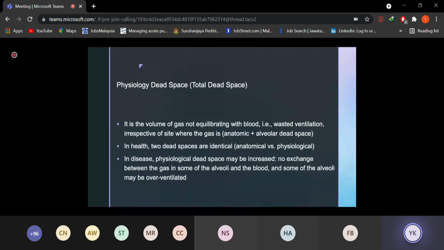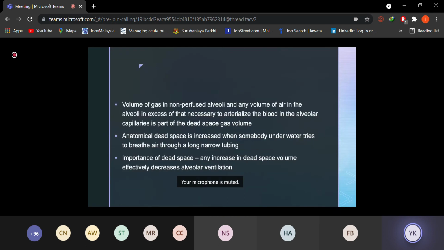So there is no exchange between the gas in some of the alveoli and the blood, and some of the alveoli may be over ventilated. It can be over ventilated or under ventilated. So the volume of the gas in the non-perfused alveoli, and any volume of the air in the alveoli in excess of that necessary to arterialize the blood in the alveolar capillary, is part of the dead space gas volume.